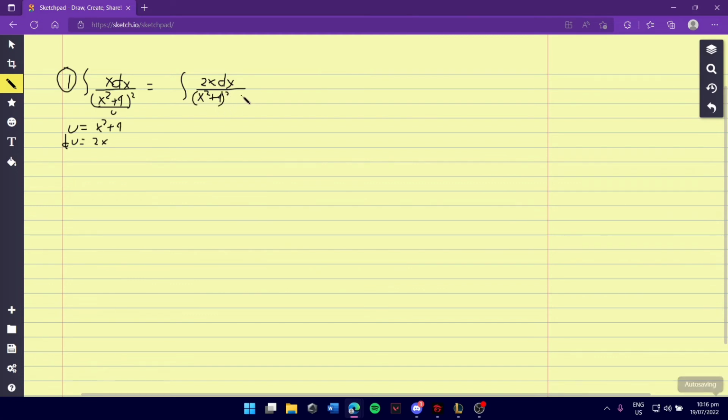Now we have our u and du. But since we multiplied by 2, there is a rule that once we multiply by 2, we also have to multiply by 1 half to balance it. Of course, 2 times 1 half is equal to 1.